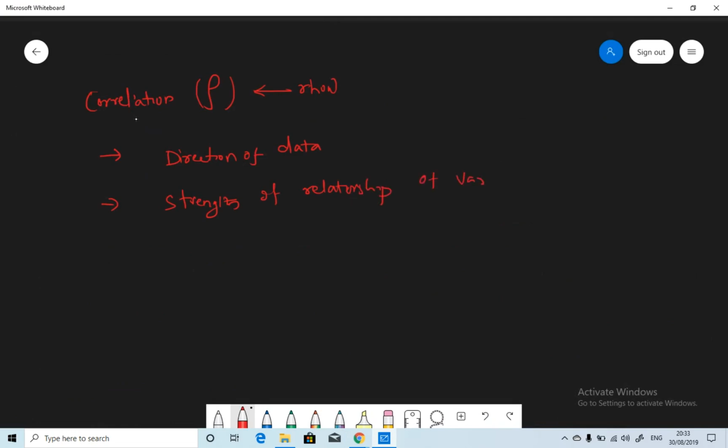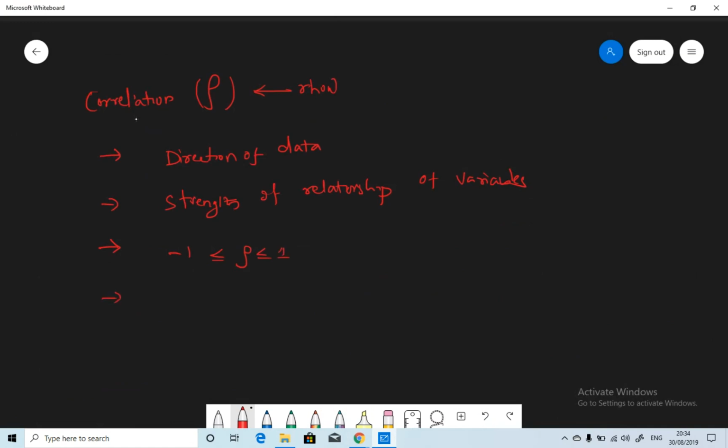And it lies between -1 and 1: -1 less than or equal to rho less than or equal to 1. What does it actually mean?